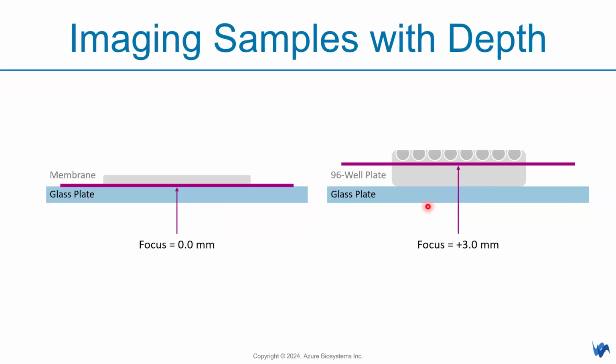And this adjustable focus allows you to image samples with different depth. The depth can be applicable to different samples or penetration into the samples like your mice or, let's say, zebrafish and so on and so forth.